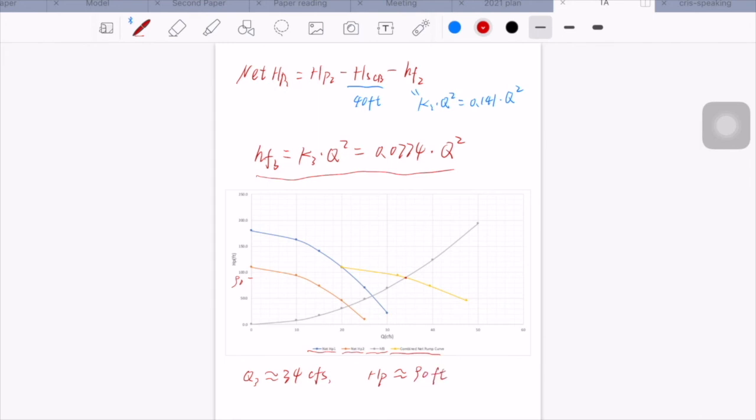At the same head of 90 feet, on the pump 1 and pump 2 curves, we can read that Q1 approximately equals 22.5 cubic feet per second, and Q2 approximately equals 11.5 cubic feet per second. So we have done this problem.